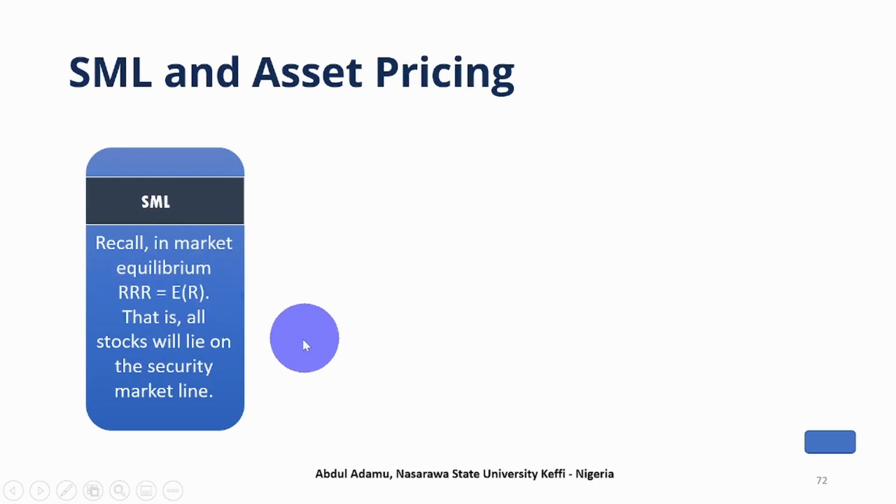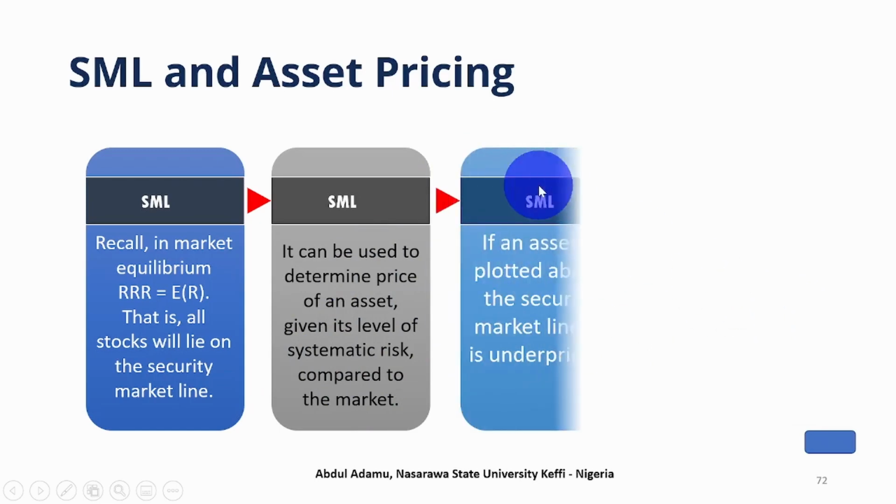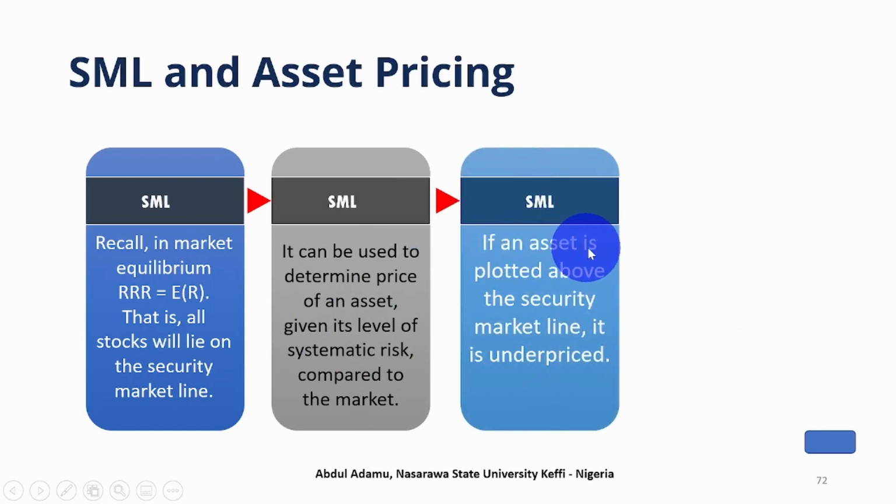That is, all the values will lie on the security market line. The security market line can be used to determine the price of an asset given the beta compared to the market. So you can see we plug it using the beta. Now, if an asset is plotted above the security market line, it means that asset is underpriced.